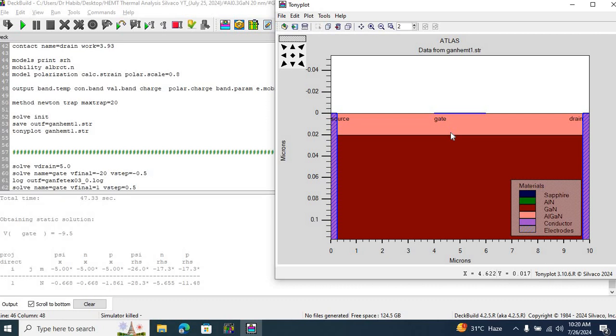Then the aluminum gallium nitride and gallium nitride layers have a lattice mismatch, resulting in piezoelectric polarization. And the combined effect of the spontaneous polarization and piezoelectric polarization results in polarization charges. So that's where the charges actually come from.